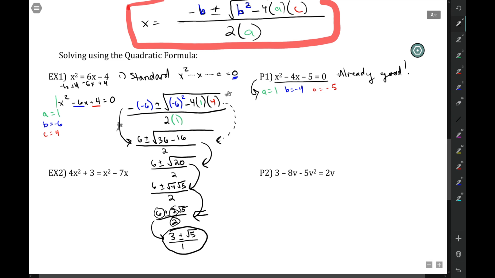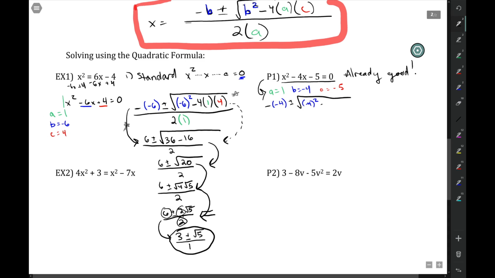So negative b plus or minus square root b squared, that's a -4 squared, minus 4 times a times c, and all over 2 times 1.